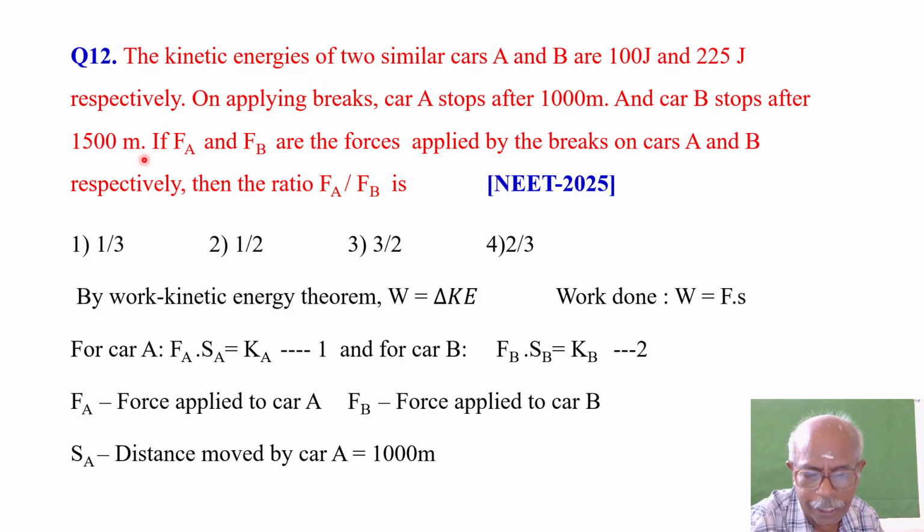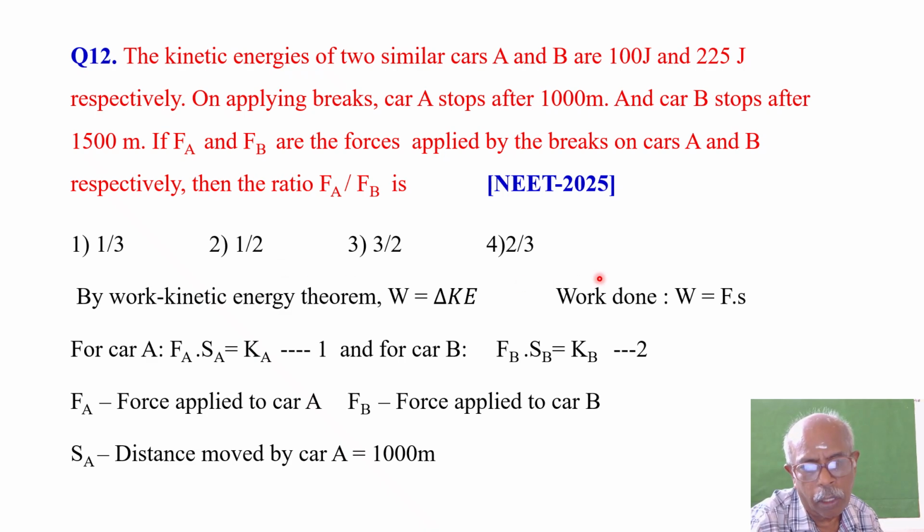It will go some distance, then only it will stop. If Fa and Fb are the forces applied by the brakes on cars A and B respectively, then the ratio Fa by Fb is how much? 1 by 3, 1 by 2, 3 by 2 and 2 by 3. Which one is the right answer?